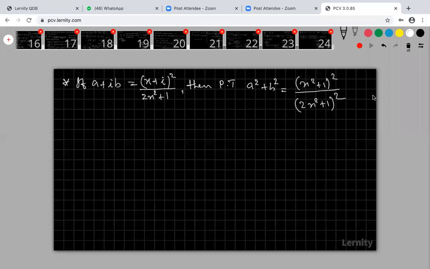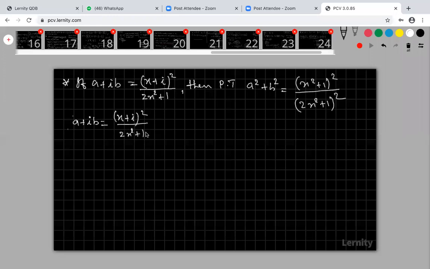Okay, so look at that. The given one is a plus ib equal to (x plus i) the whole squared divided by 2x squared plus 1.